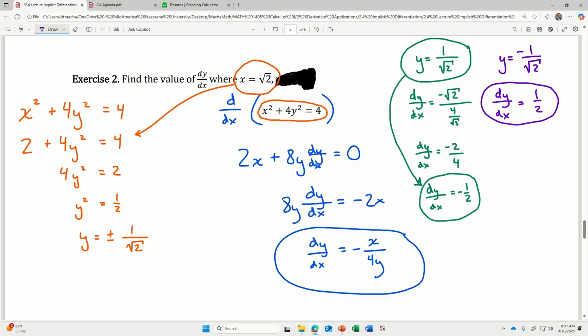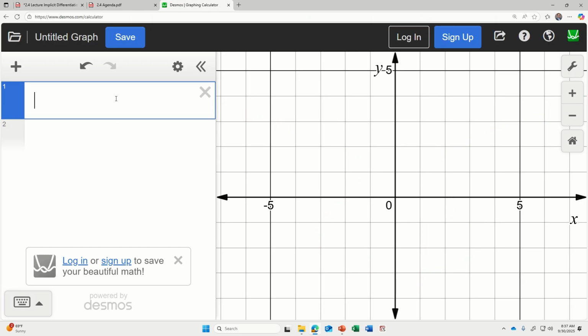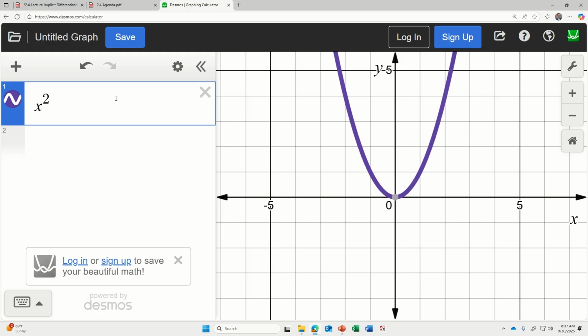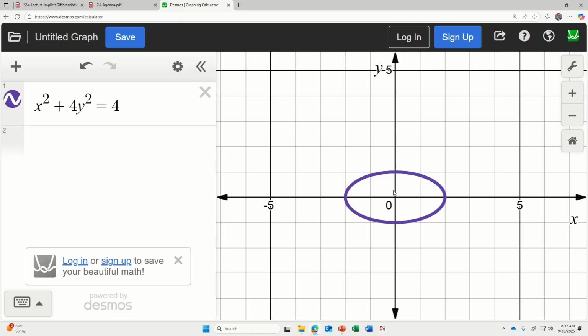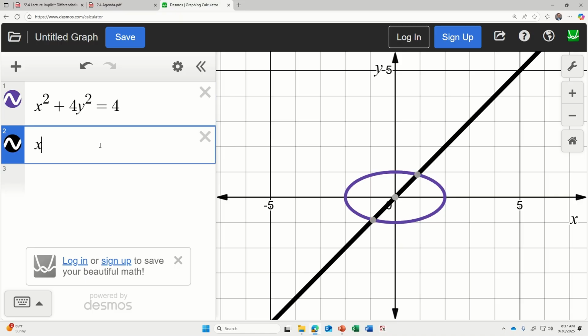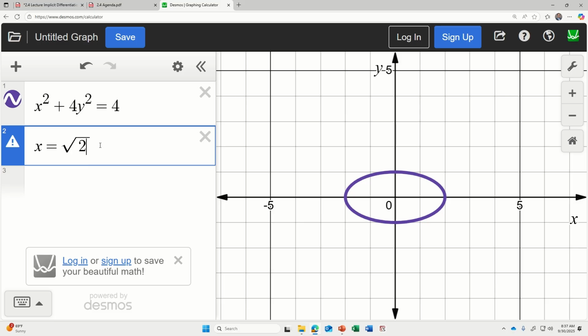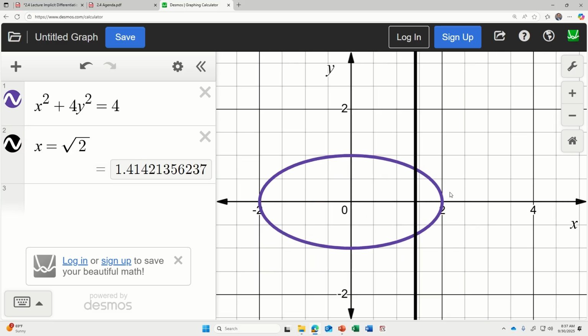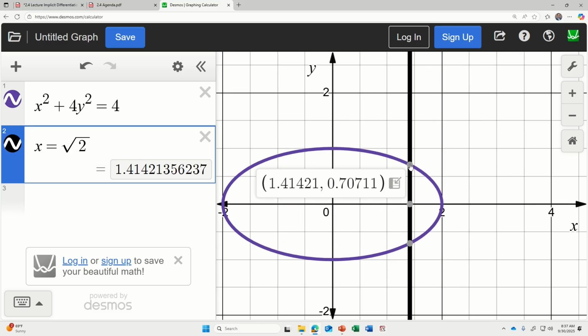Again, always do this. Always just, now that I've solved the problem, get on Desmos and we'll graph x squared plus 4y squared equals 4. And here is the line where x is equal to the square root of 2. And sure enough, where x is equal to the square root of 2, there's two possible y values.